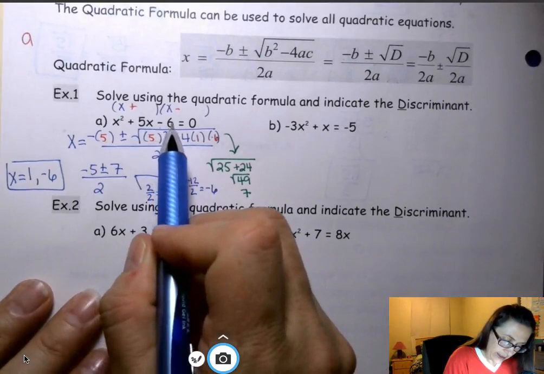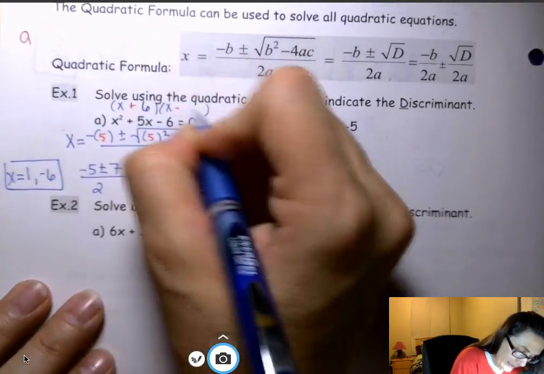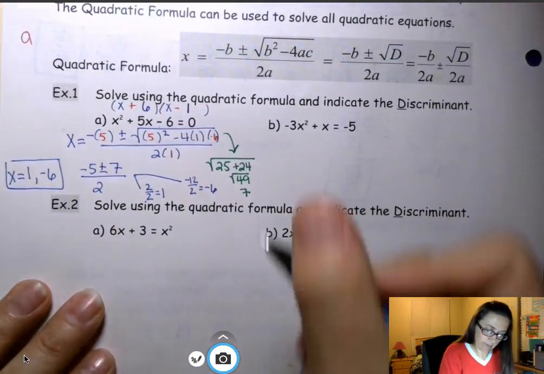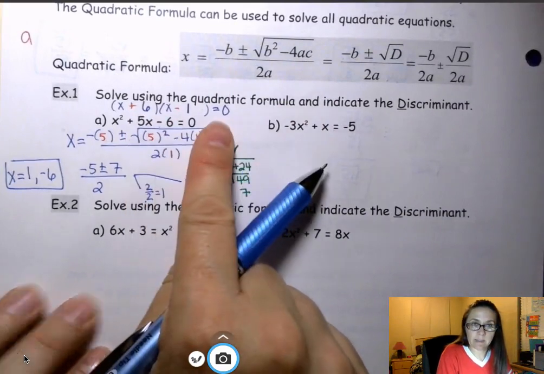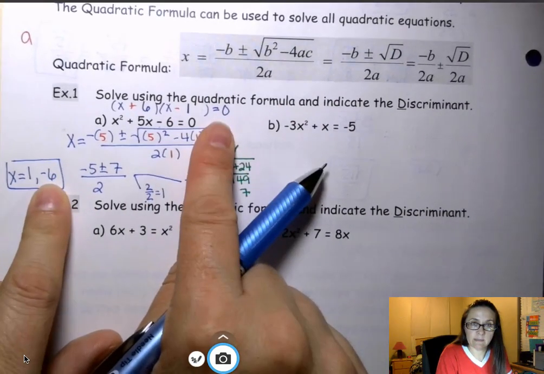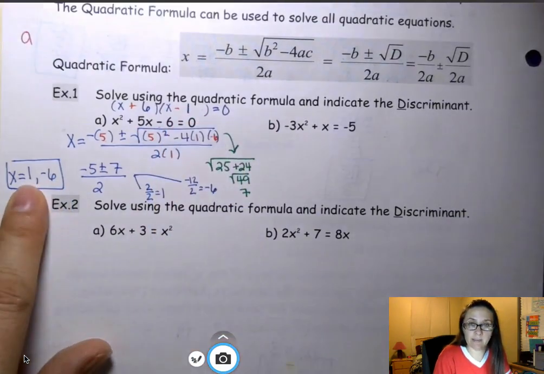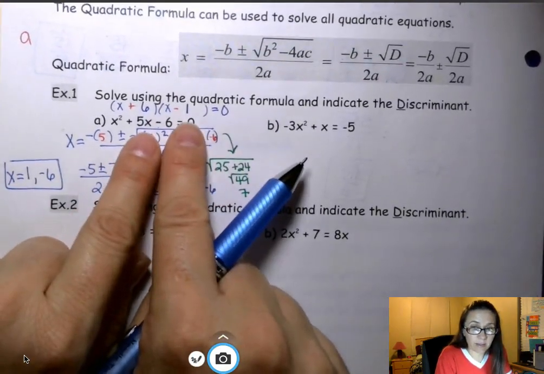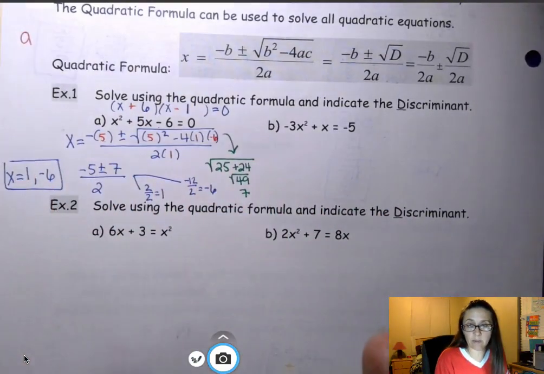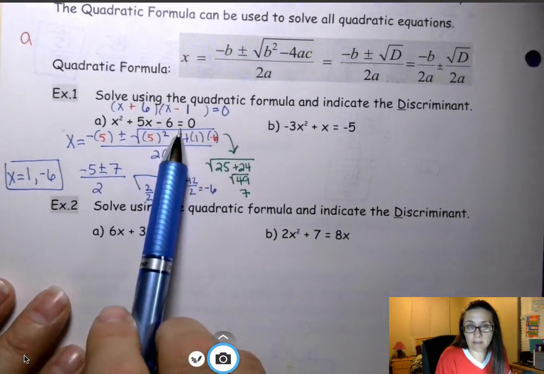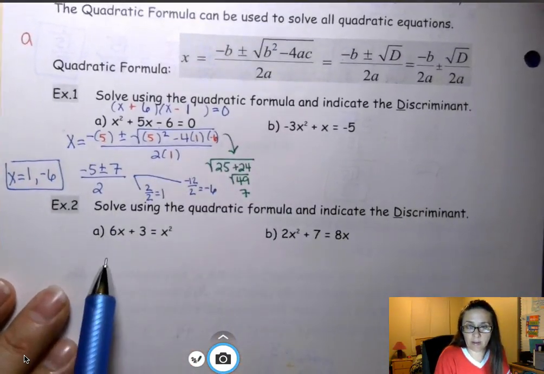Factors of 6 that have a difference of 5 are going to be positive 6 and negative 1. This is equal to 0. So if x plus 6 equals 0, x would equal negative 6. Subtract the 6. If x minus 1 equals 0, add 1, you get the positive 1. Factoring is much faster and much easier, so if you can factor a problem, that's what I would do. But if you can't factor it or you just don't see it, you can always use quadratic formula, but it's a little bit longer.